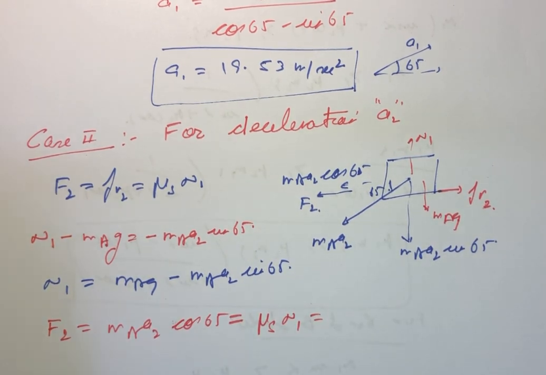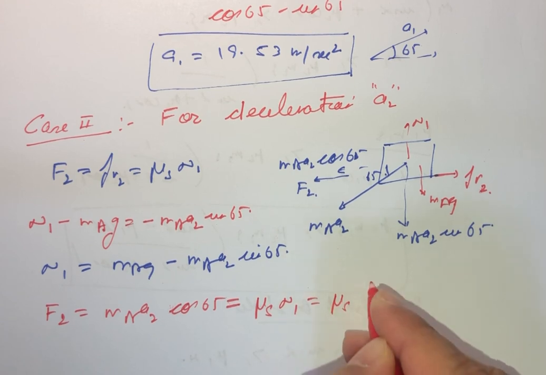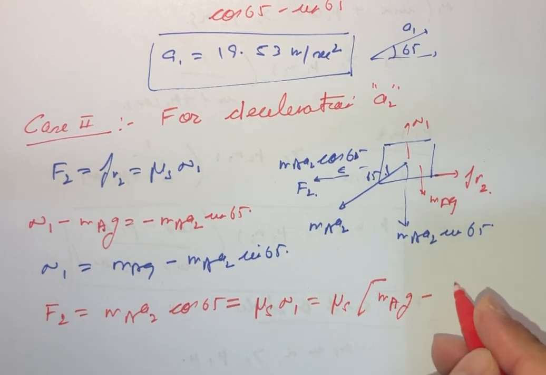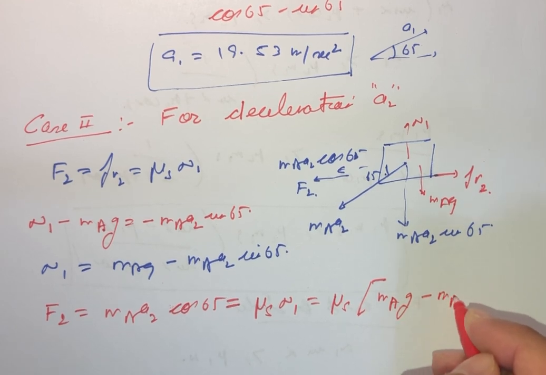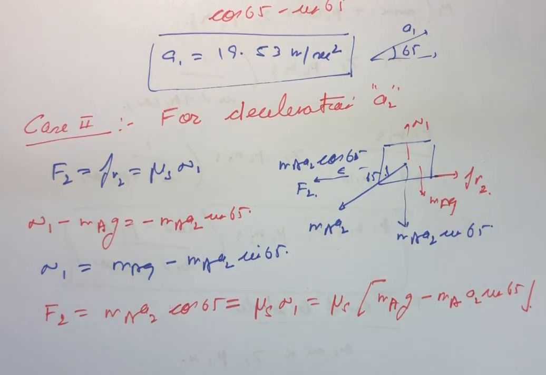We already know the equation for N1. So this is mu s times M_A g minus M_A A2 sine of 65.